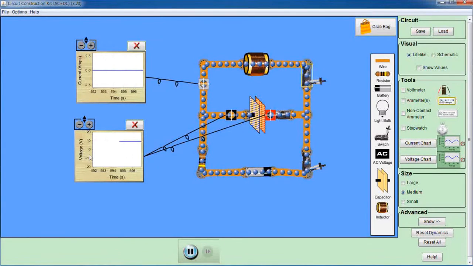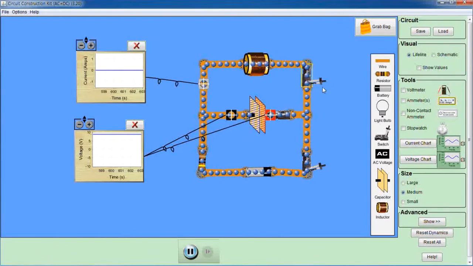Right now it's about 10 volts. I will change the scale so you can see it more clearly, maybe up to here. And this one also, as a preparation, I will change the scale. Right now the voltage is almost 9 volts and current is 0.